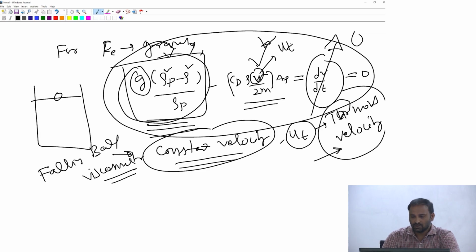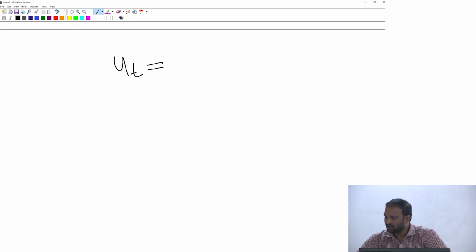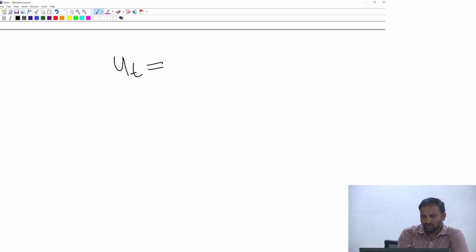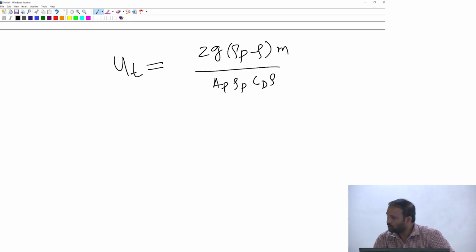So if you work it out, it's going to be something like this. ut is going to be 2 times g into (rho p minus rho) multiplied by m, divided by Ap times rho p into CD times rho, something like that.